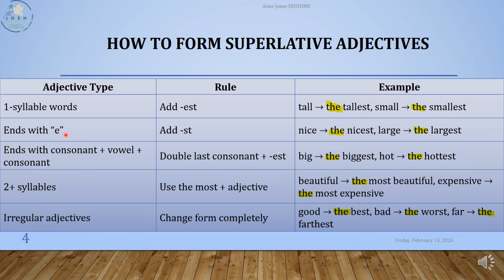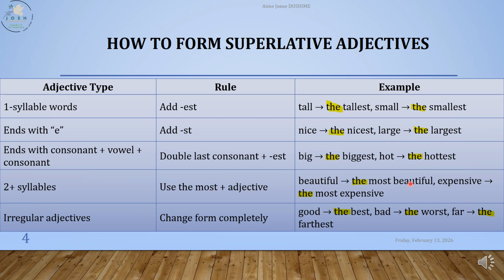When the words end in letter E, we don't add est, we add st only because we have E. For example, nice, the nicest. Large, the largest. When we have a word ending with consonant, vowel, consonant, CVC, we double the last letter, then we add est. Big, the biggest. Hot, the hottest. When we have two syllables and above, that's to say important, expensive, beautiful, interesting, exciting, difficult, we use the most, then we put that adjective.